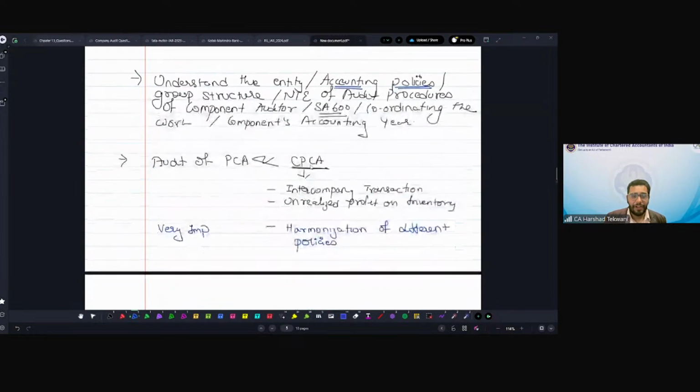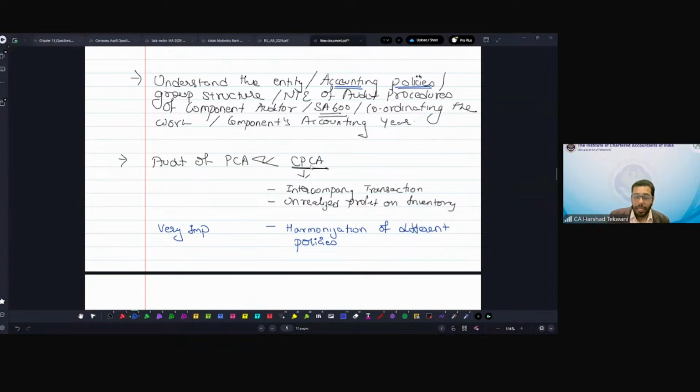Now, these differences are required to be harmonized. That means, let's say, for example, the subsidiary which is outside India, that's the sub INC, is calculating depreciation on the straight line method, but you are following some different accounting policy or estimate. Or in revenue recognition, they are calculating the revenue in a different way, which is not aligned with the way that you are required to calculate as per your Ind AS 115.